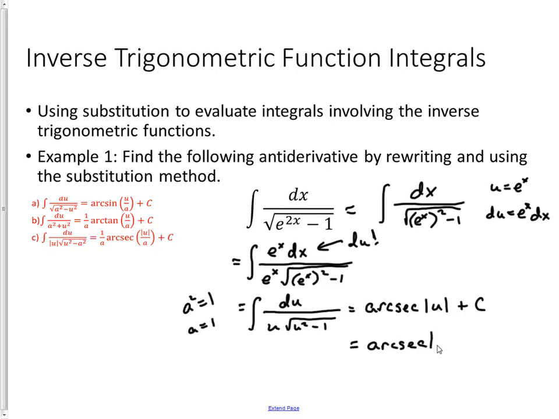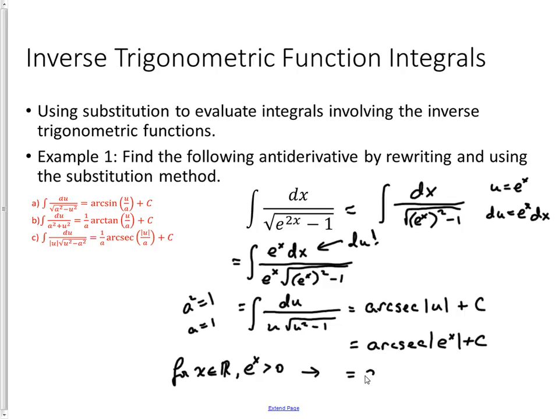And we would say absolute value of e to the x, right? But, of course, you recognize that for all x in the set of real numbers, e to the x is always greater than 0, and so the absolute value is not really helpful here.